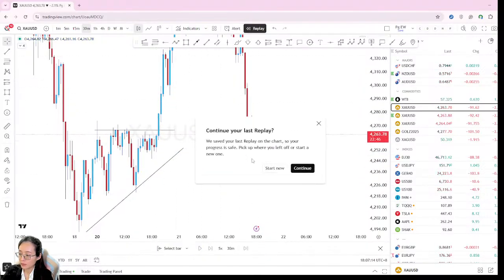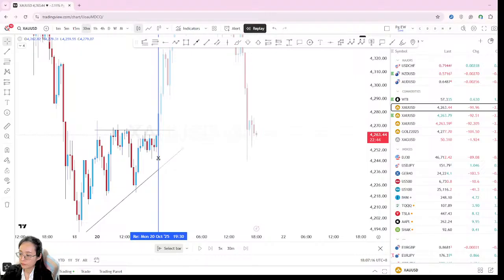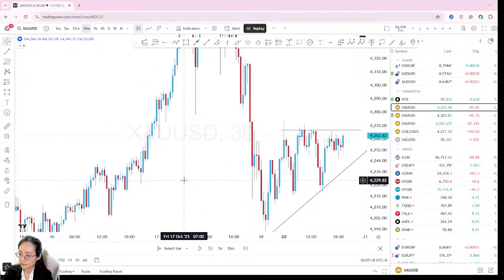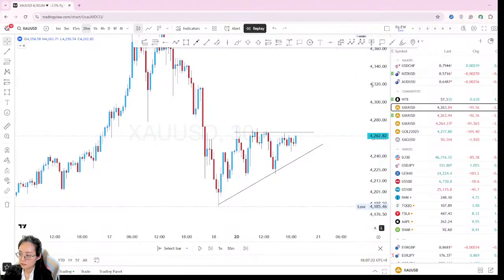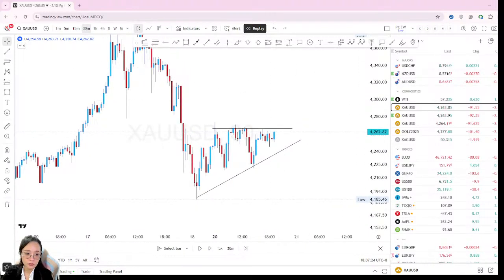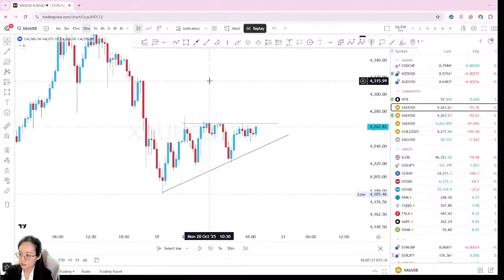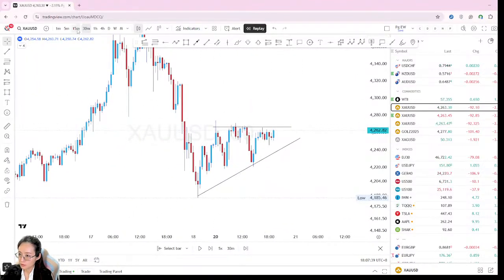I'm going to pull back here. This one is an ascending triangle, right guys? Yep, this is an ascending triangle. Okay, so go to the M15.